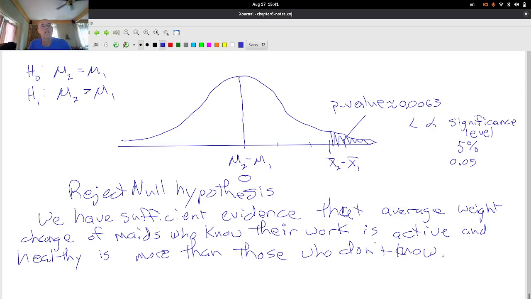That's the essence of what we just showed here. And again, this is a tricky one because we had differences and averages to look at. It's a little more complicated than looking at just a single variable.